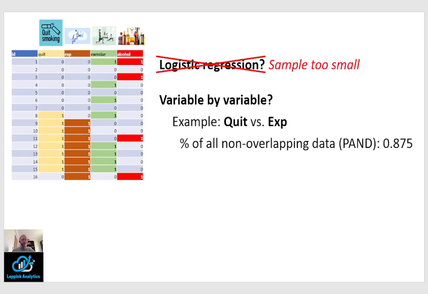If you're interested in this kind of statistics, I have several videos on this matter on this channel, but the problem is that such variable by variable statistics do not tell us anything about combined contributions of different factors, which happens to be of interest in our study.